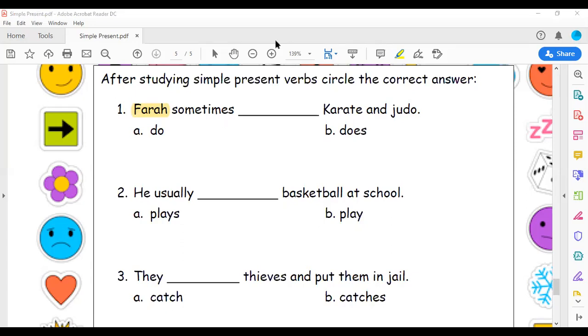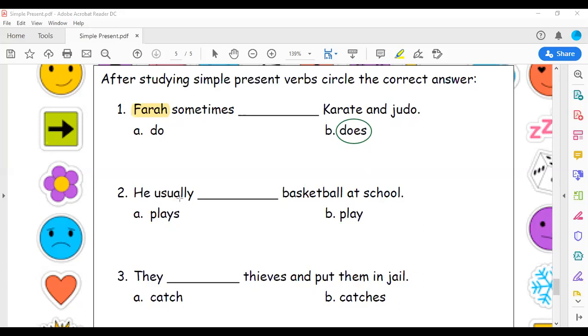Okay, I changed my mind, I'm gonna circle. Is it singular or plural? Singular, bravo. So when singular subjects are in the sentence, what do I do? I add s or es. This is the answer. Does. Farah sometimes does karate and judo.